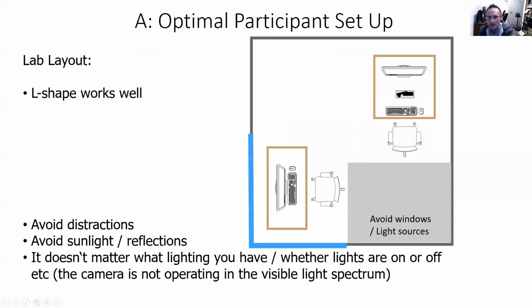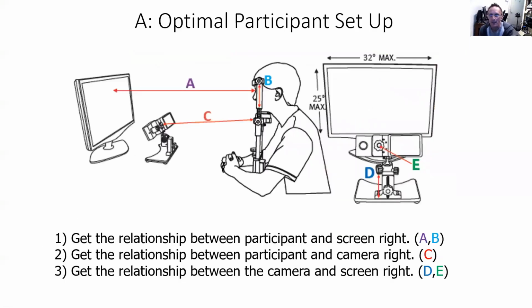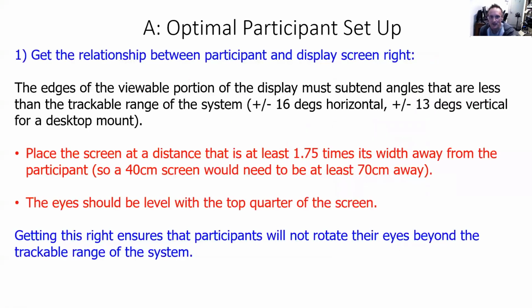So get your participant setup right. The key thing to measure is the relationship between the participant and the screen. The participant's eyes should not be in line with the middle of the screen. They should be in line with the top of the screen. And this is the thing I want to get across: your screen needs to be far enough away.